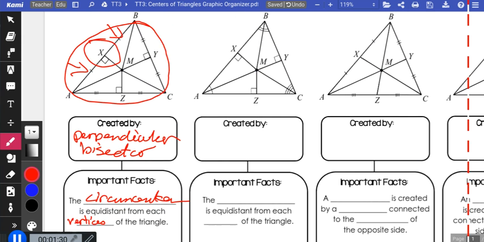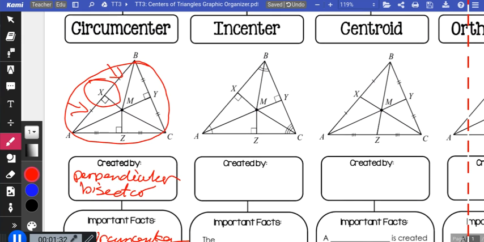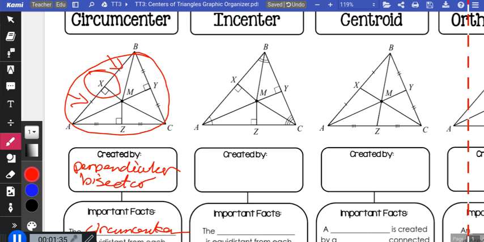Okay. The next one is the incenter, and it is created by the angle bisectors. Now, notice here the lines are kind of split, so it actually keeps going and doesn't split off there.